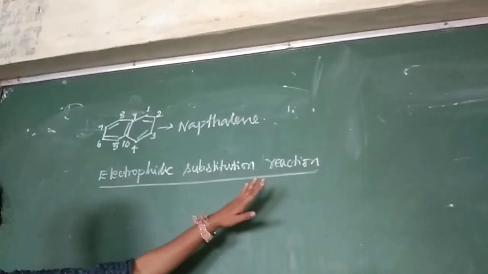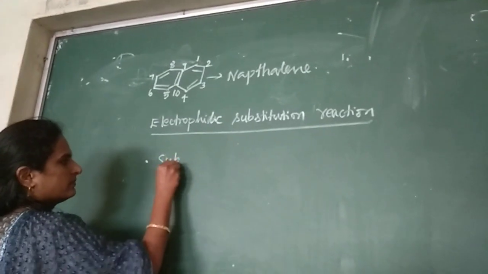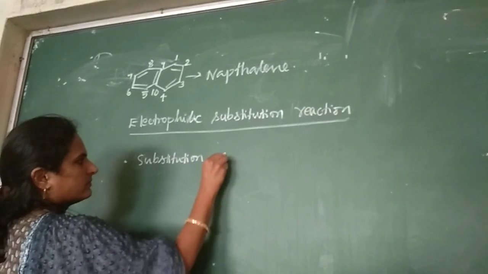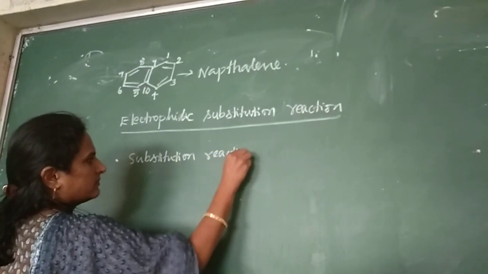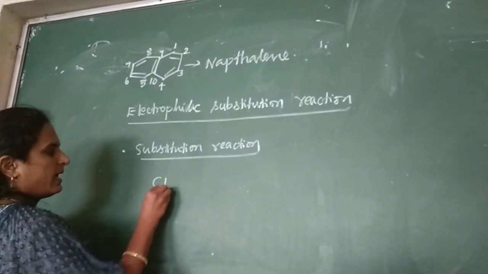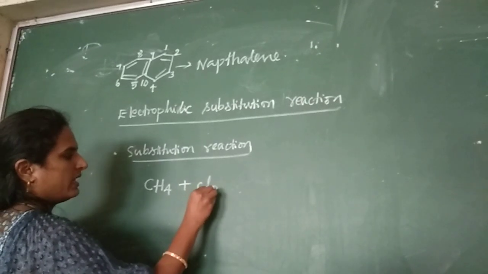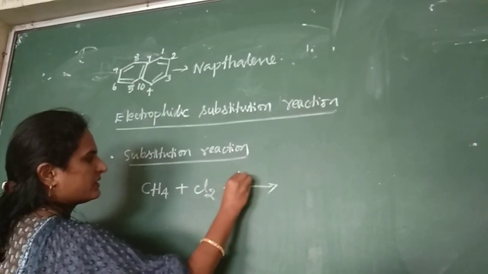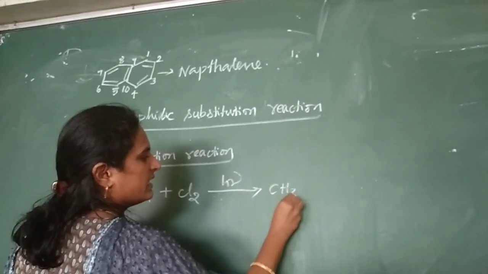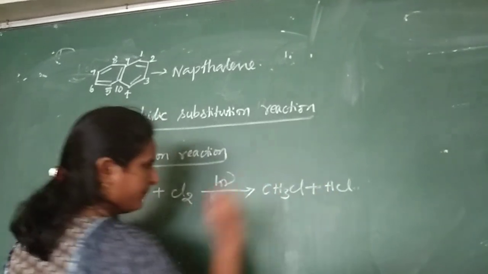Let us take an example. Methane reacts with chlorine in the presence of sunlight. It gives CH3Cl, methyl chloride, plus HCl.